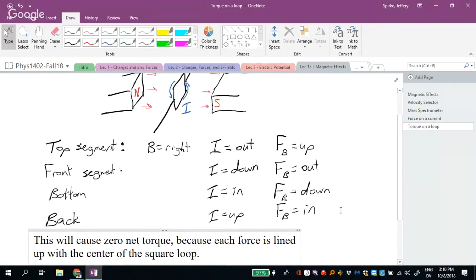But what it does do is it provides a preferred direction for the loop.